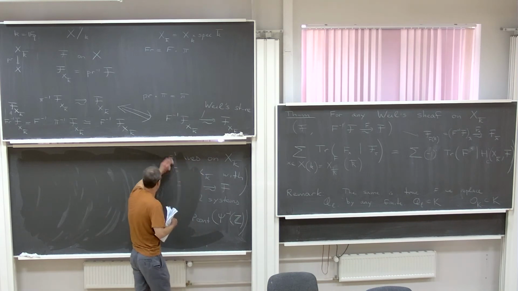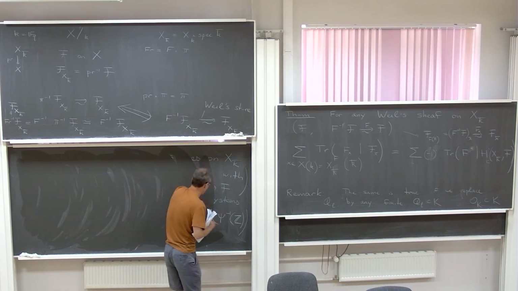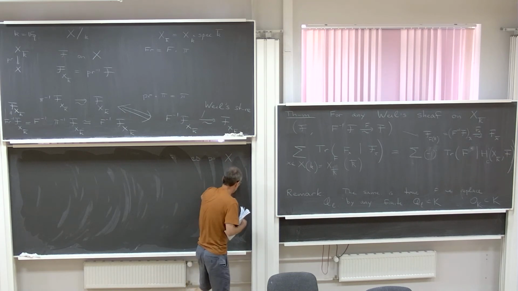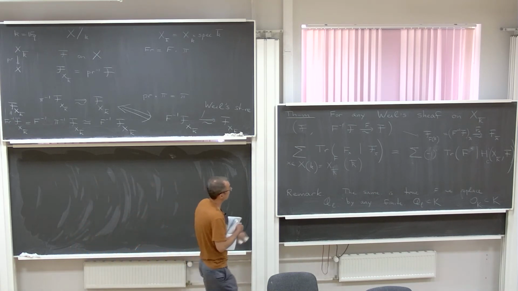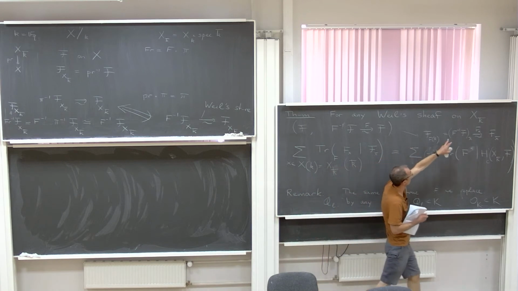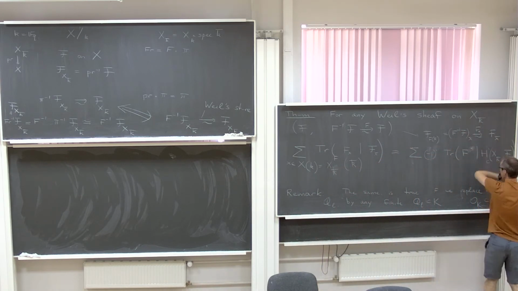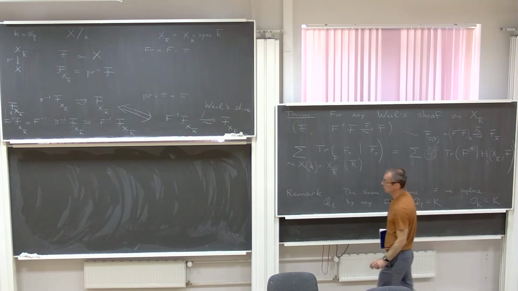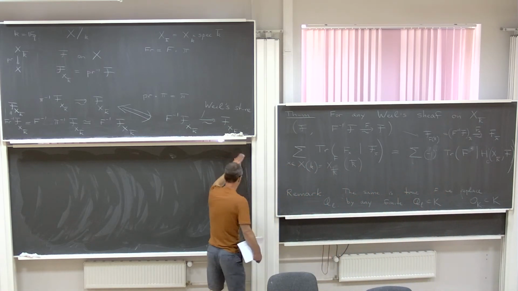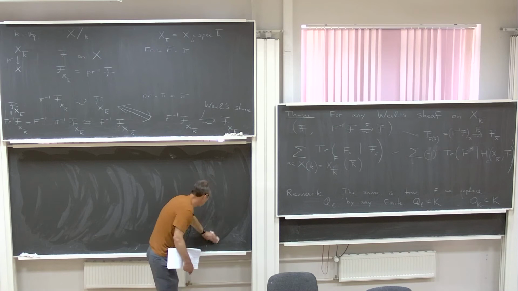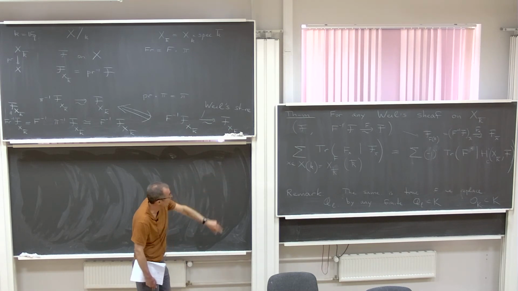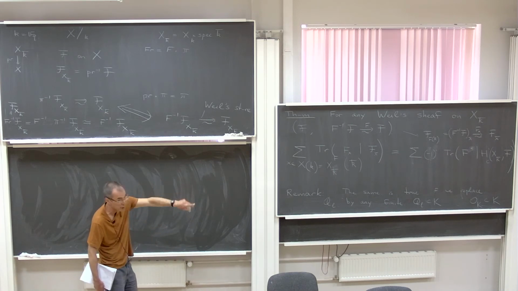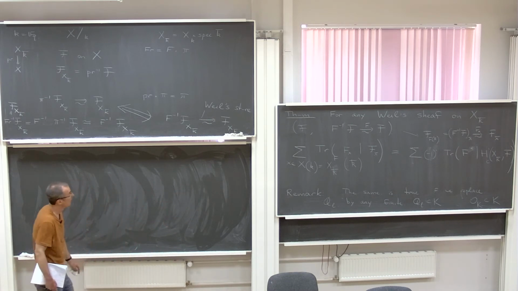Then I will explain a generalization of this theorem to the relative case, where we have not just one X, but rather a morphism from X to Y. And lastly, I will make the first step in the proof of the theorem: I will reduce it to the case when X is a curve, actually A1.